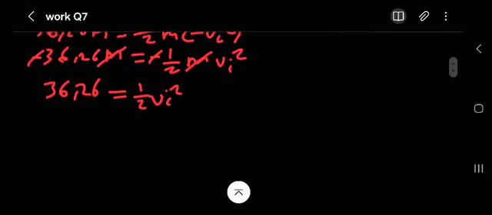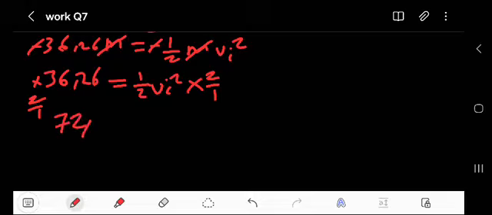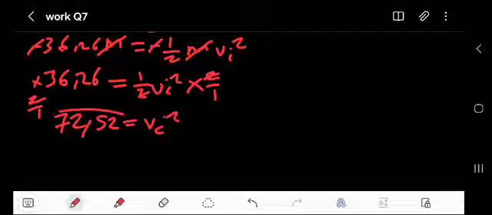Then you know the math. I want to make vi the subject. I'll multiply both sides by 2 over 1, even this side. So when I multiply 2 by 36.26, that will be 72.52. Then this and this will cancel. Then I take the square root of both sides.